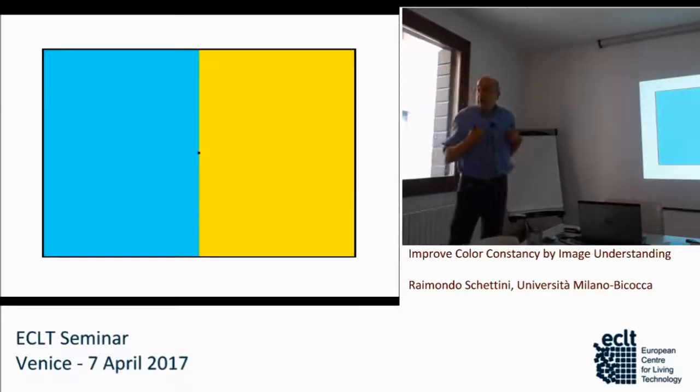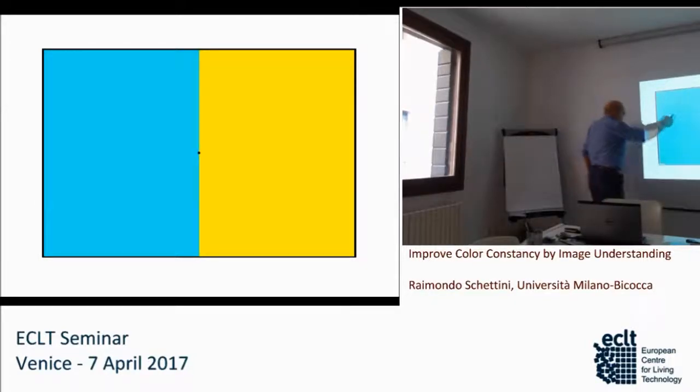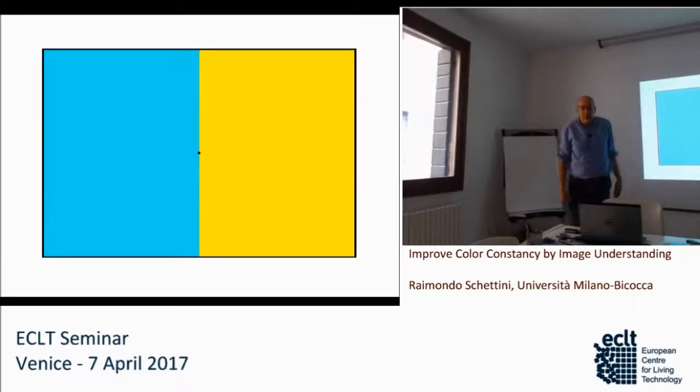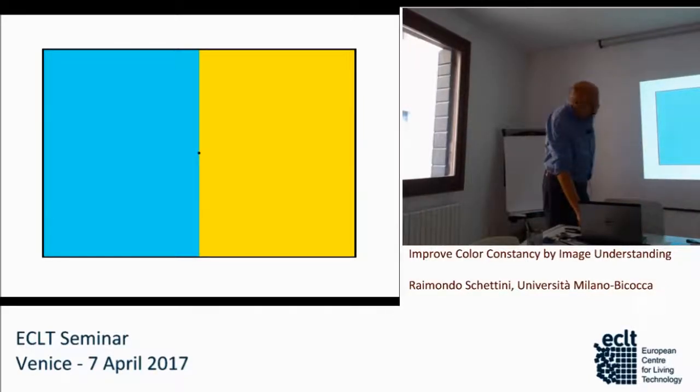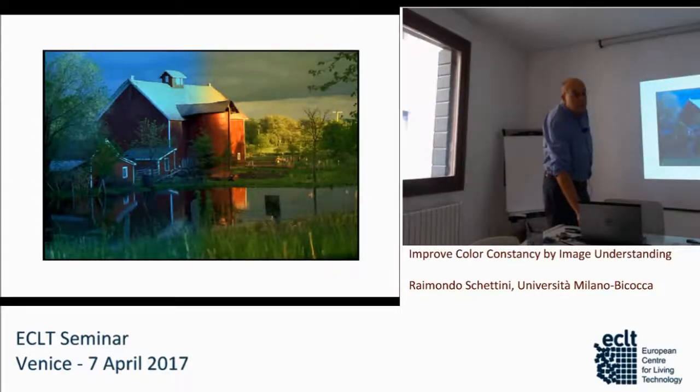Fixing this on the retina somehow induces your eye to reduce sensitivity to bluish on this part and to reddish and yellow on the other part. So the result will be that the new image that I show you should be more balanced. Right?